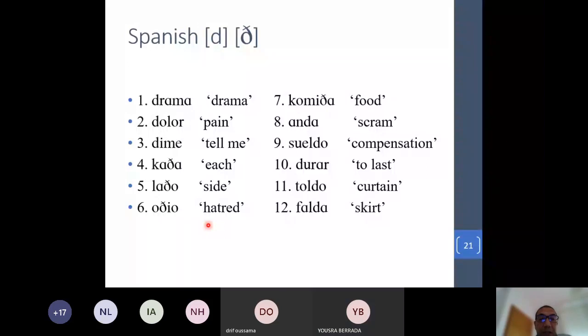You can see that the interdental fricative occurs between two vowels. And the other variant occurs initially and after a consonant. So this is the default, the elsewhere variant.